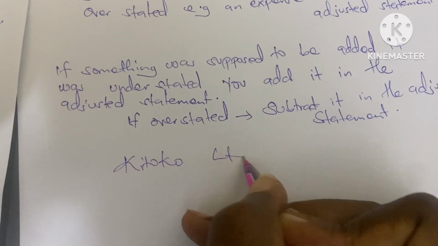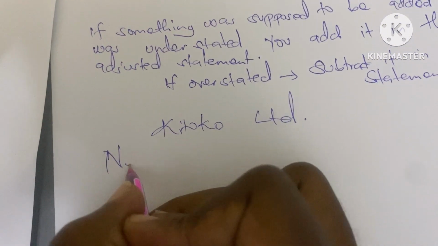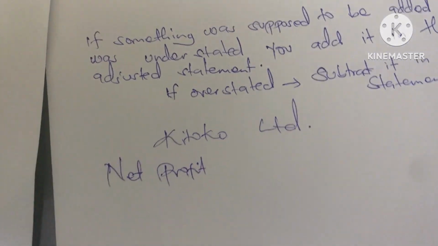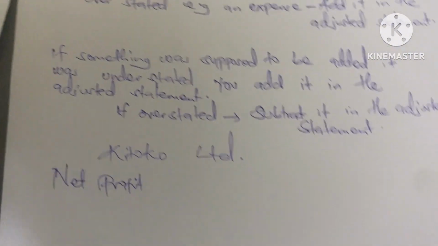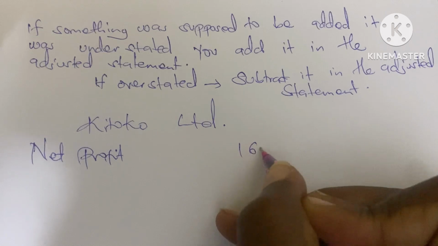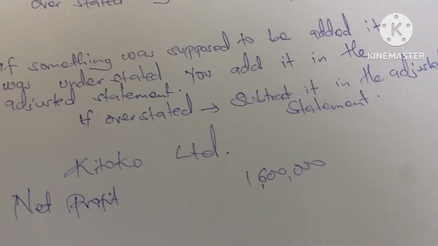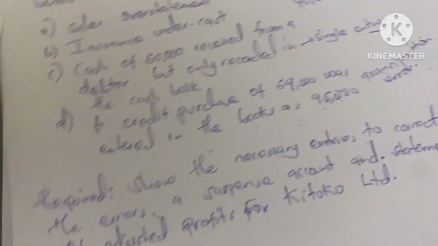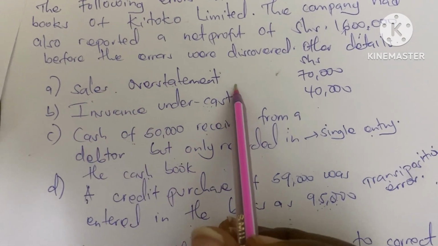Limited. We already start with the net profit that they gave us in the question. So the net profit is here, 1.6. So 1.6 is here. So sales were overstated.